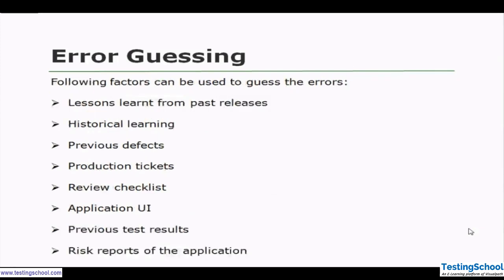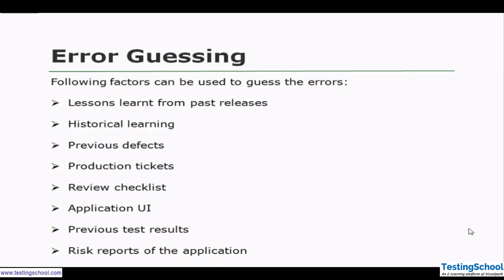We have certain more error guessing, like how you can guess the error from your last experiences, your historical learning, your previous defects, your production issues. On the basis of these points, you can work on your error guessing.